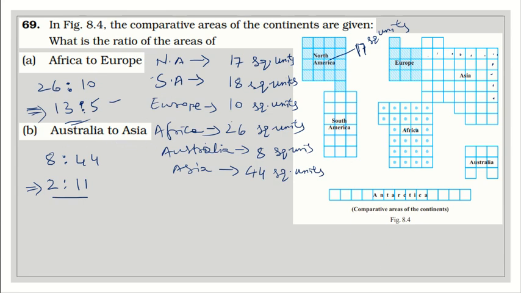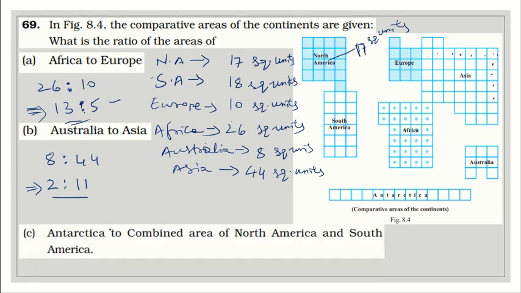Now moving on to another question here. Antarctica to the combined area of North America and South America. So Antarctica is the leftover one. Antarctica, here 1, 2, 3, 4, 5, 6, 7, 8, 9, 10, 11, 12, 13.